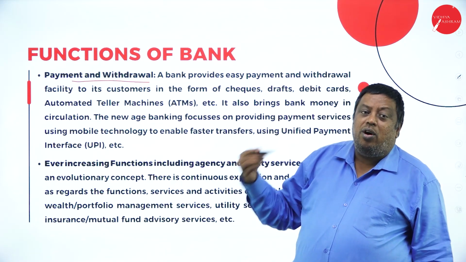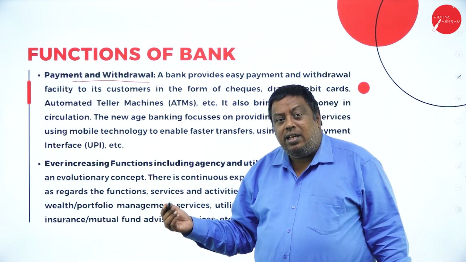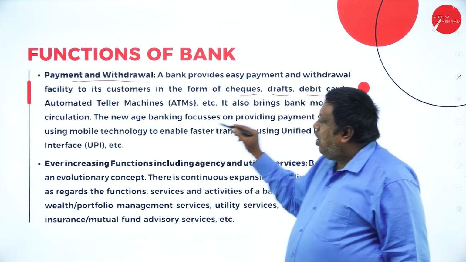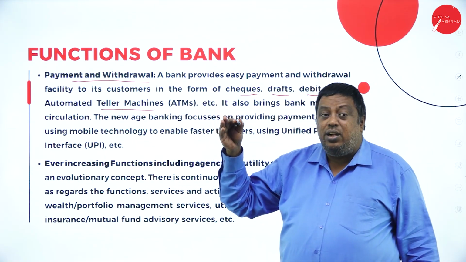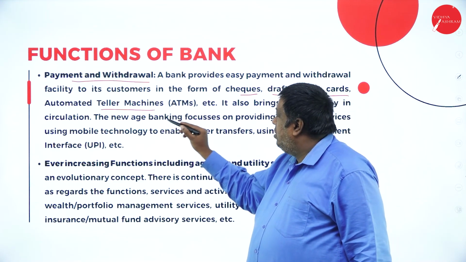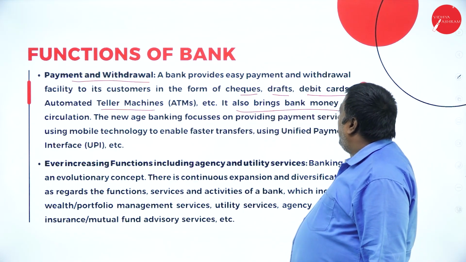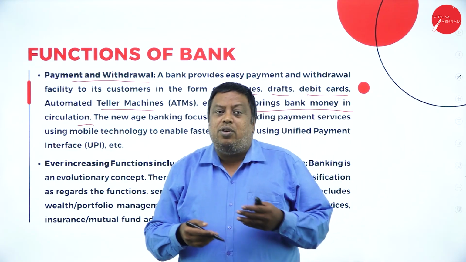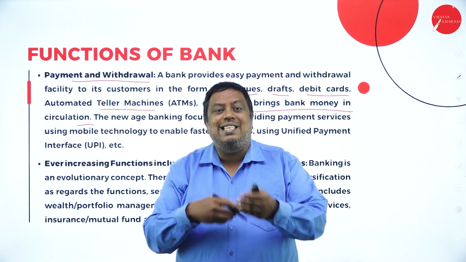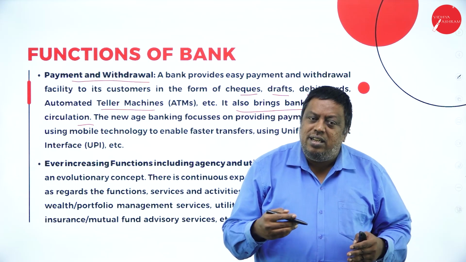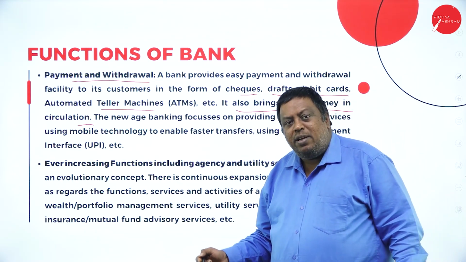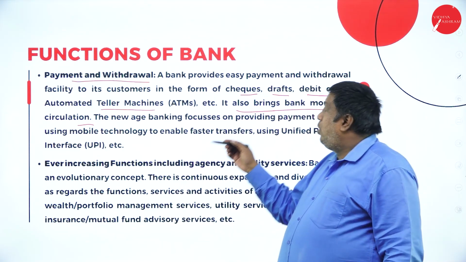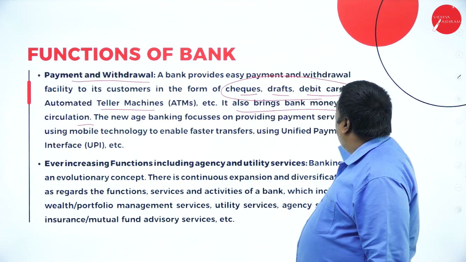And if they want, they can make a payment to a third party with the support of checks, demand drafts, or debit cards, or they can withdraw the amount through, in the present scenario, ATMs, automated teller machines, etc. It also brings bank money into circulation, meaning the currency they have can be circulated easily. For that reason, they started to support the public who have deposited their amount in the bank with payments through the instruments they have created.